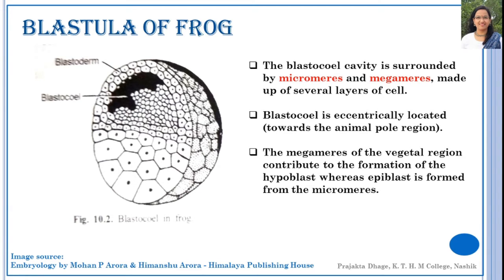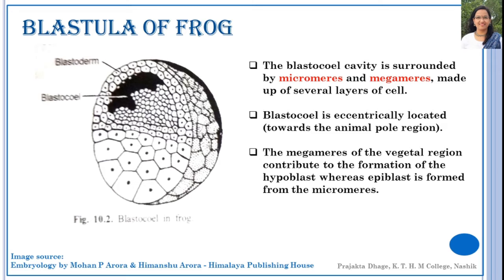The blastomeres or the cells over here are smaller as compared to the cells over here. Why is it so? Because of the large amount of yolk. This egg is also a telolecithal egg. So the cleavage furrow is going to pass slower, and this is going to result in the size of the cells being different.